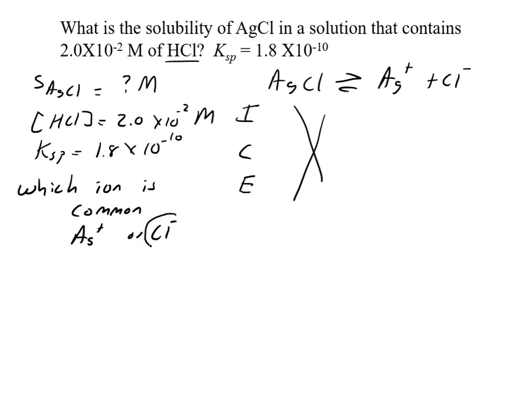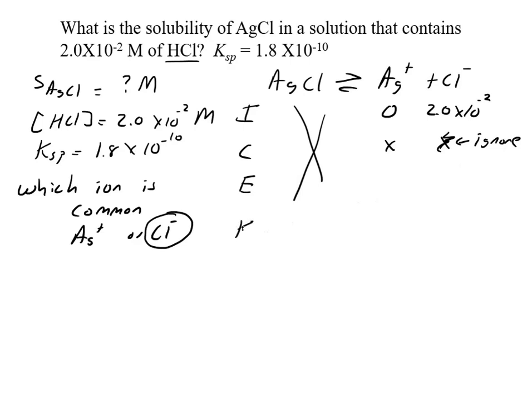It is the chloride. So I have to look at the two different compounds. So when I go to fill this out, this is going to be 0. This is going to be the 2.0 times 10 to the minus 2. It's going to be x and x, but because I have an initial concentration here, I can ignore that.